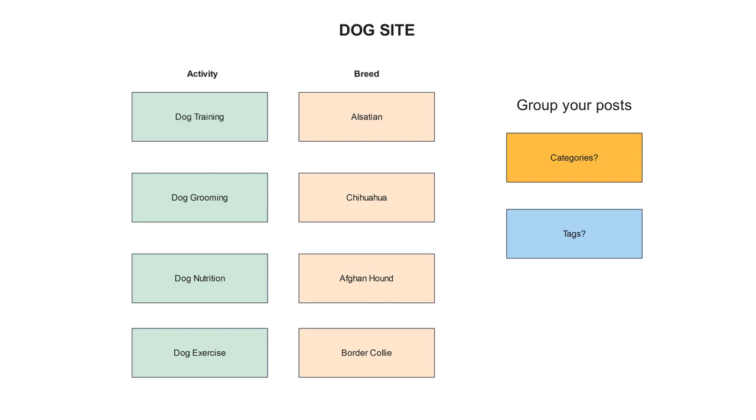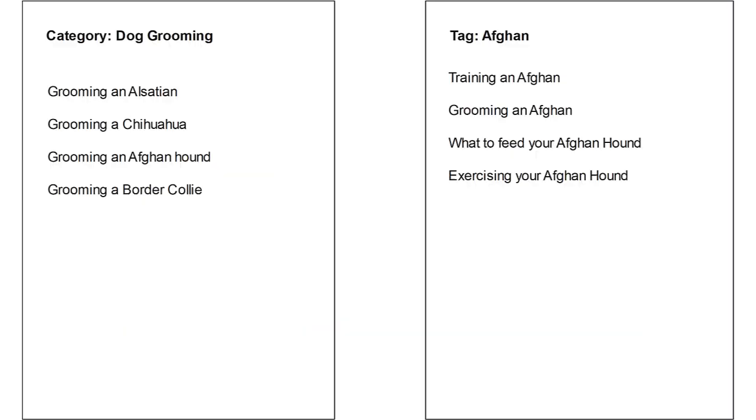By doing that, WordPress will create a tag page called Afghan, and it will list any posts that have that tag. So we could have an article on Afghan Hound nutrition, an article on dog exercise for Afghans, an article on training Afghan Hounds. Those articles would go into the activity categories, but they would have the Afghan tag applied to them.